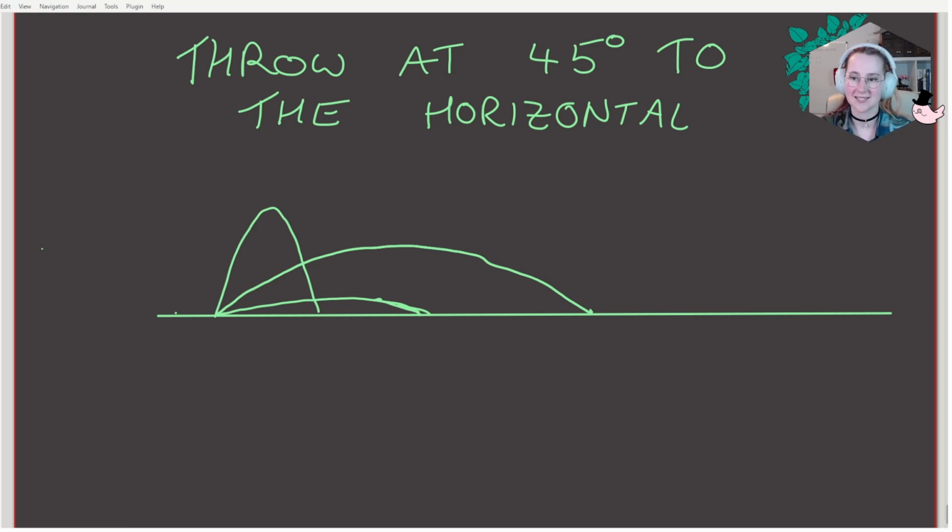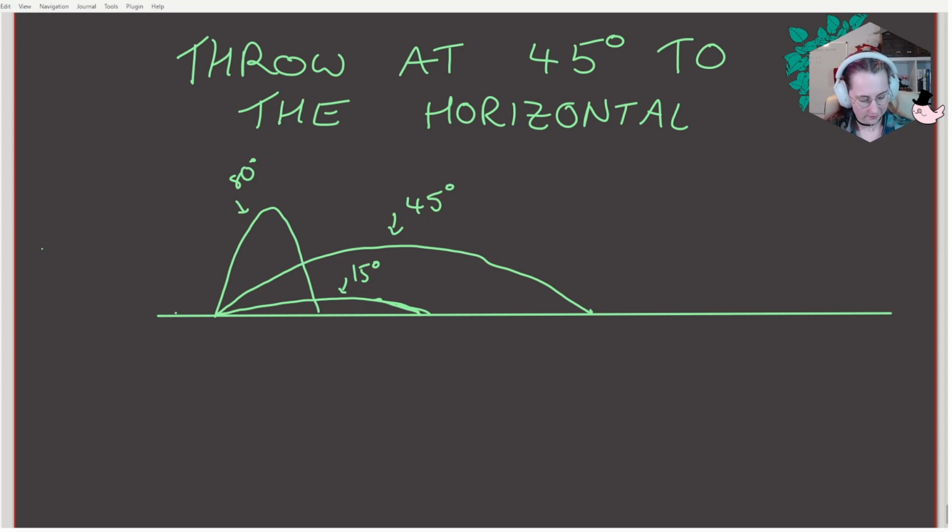This is an exaggeration, but let's say that's closer to 80 degrees and that's closer to 15 degrees. So you're maximizing horizontal to vertical. And funnily enough, halfway between the two balances them. Who knew?